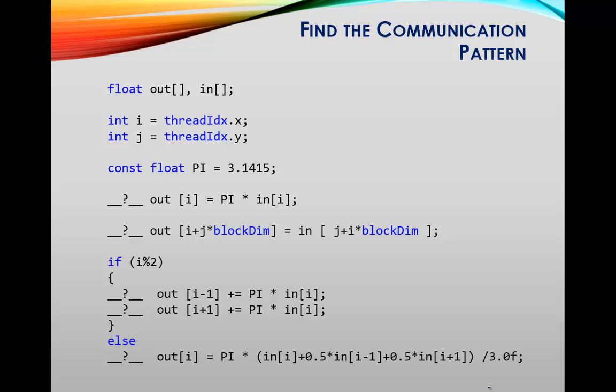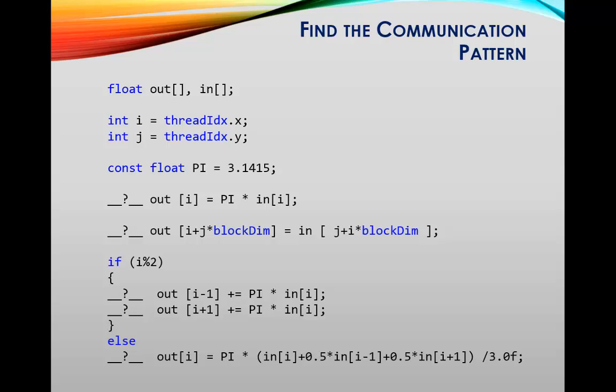So let's take a look at an example, and let's see what kind of communication patterns occur in this example. Our example is that we have an output array and an input array, and then we have a two-dimensional block of threads.